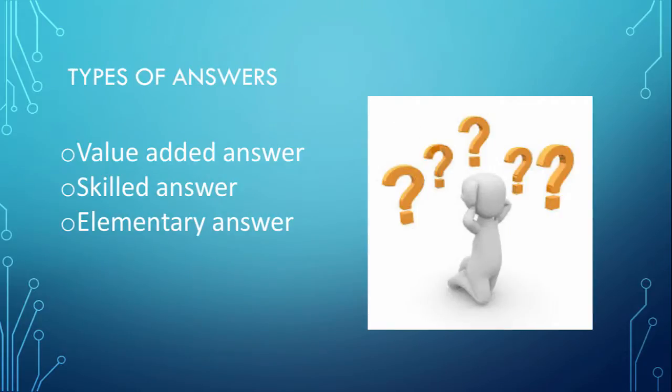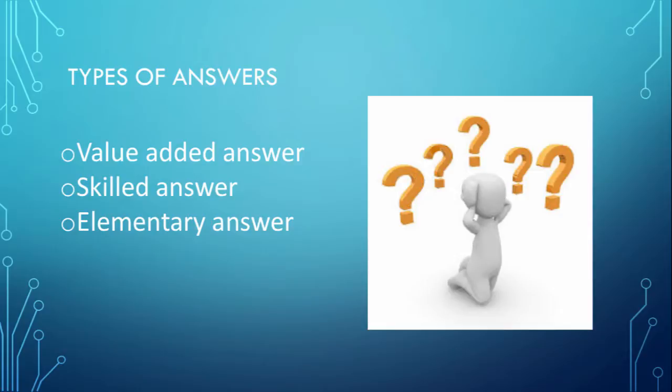Next, there's a variety of types of answers that the reference librarian might be working with. There's the value-added answer, the skilled answer, and the elementary answer. The value-added answer organizes material, prioritizes resources, keeps an eye open for research needs, and presents the answer with something more than just a quick standard response.